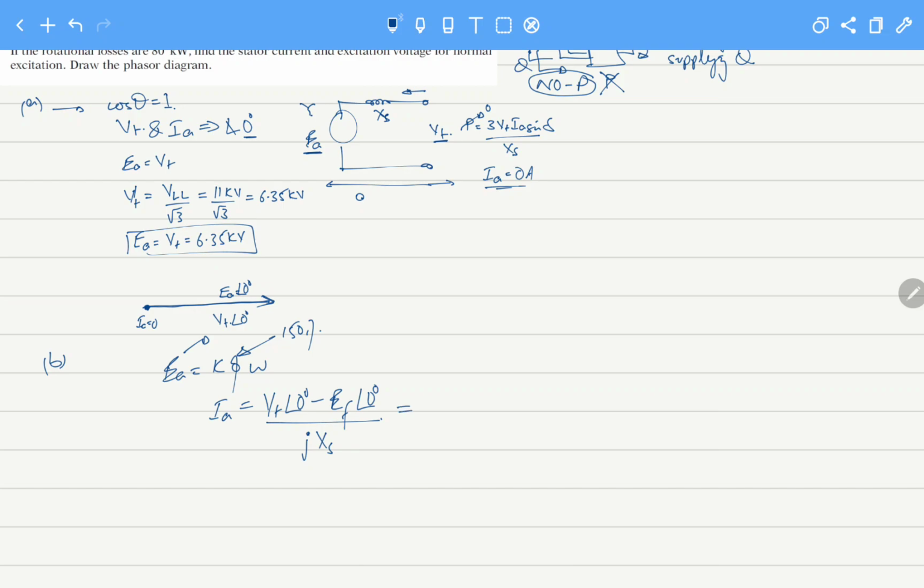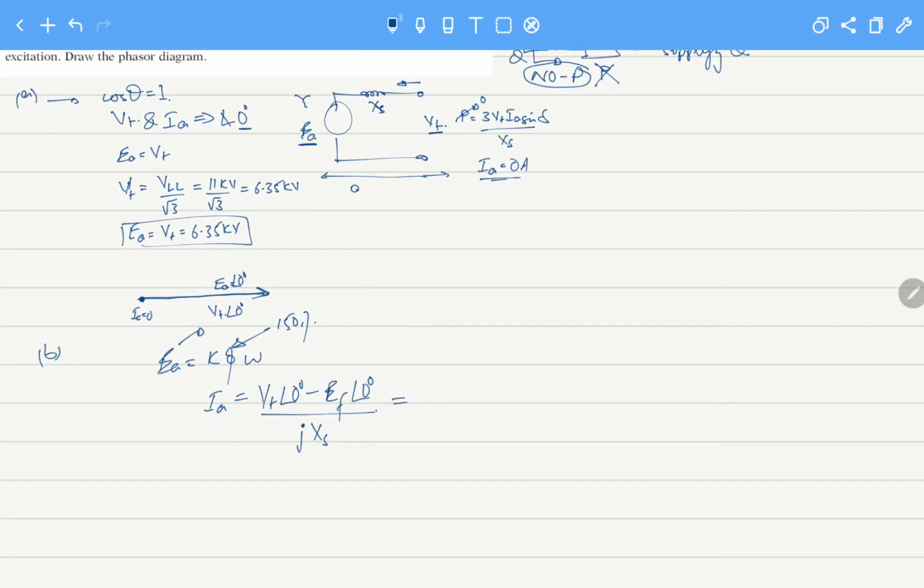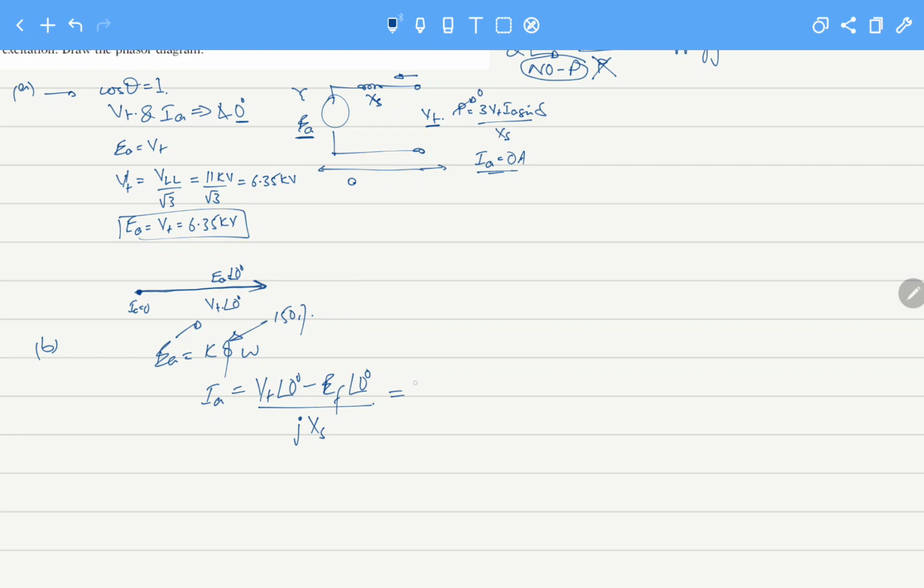That means no real power is being transferred between them. And here the synchronous reactance is 10 ohms. So this will become 6351 minus 1.5 times, because we multiply this voltage by 1.5 for the 150% increase, 6351 divided by 10 angle 90 degrees, since this angle is 0 and this angle is also 0.